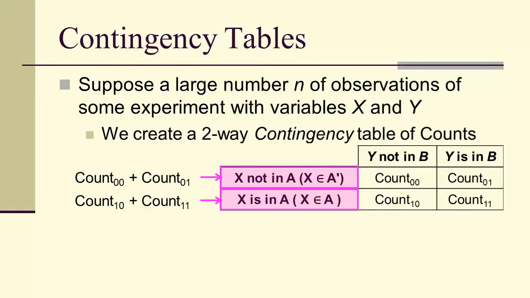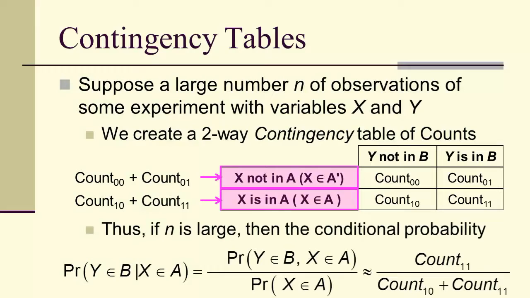And likewise, in a couple more slides, we'll look at the count 1, 0 plus count 1, 1 for x being in A. So if n is very large, then the conditional probability that y is in B given that x is in A, that's the probability of the simultaneous y in B, x in A, over the probability that x is in A, and that's approximately the count 1, 1 over count 1, 0 plus count 1, 1.